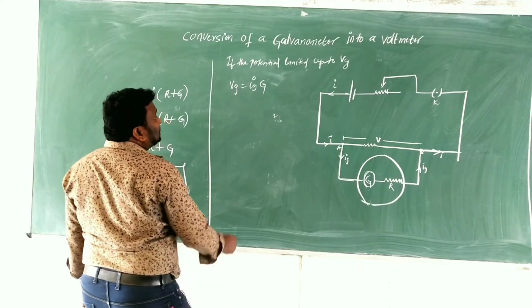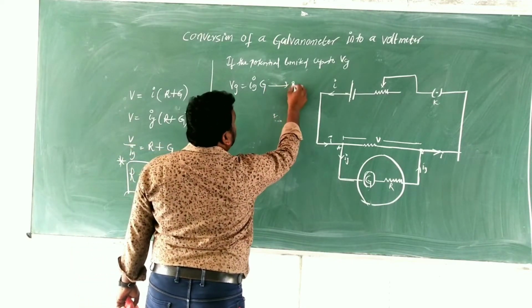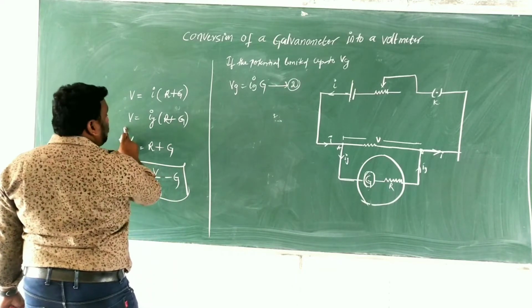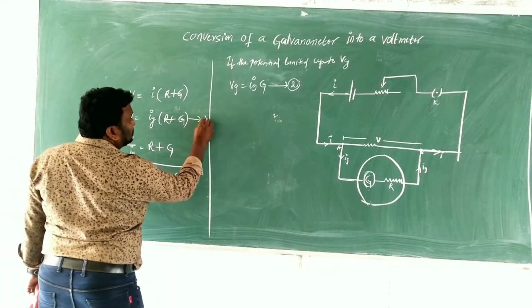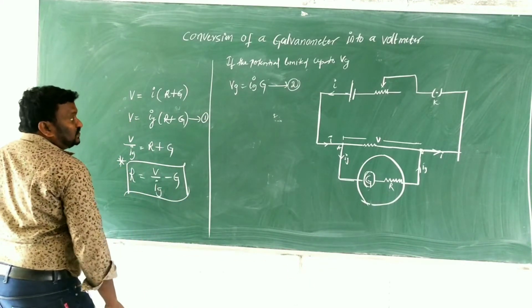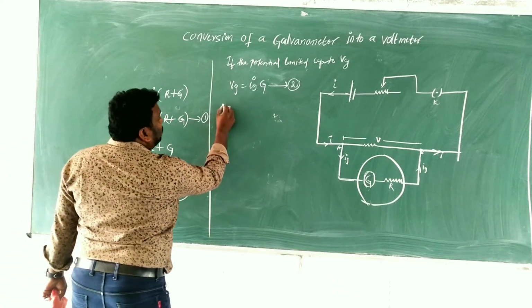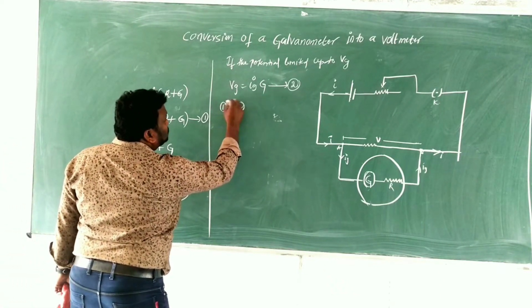Now this is equation number 2, and V is equal to Ig into (R plus G) is equation number 1. From these two we are dividing 1 by 2.